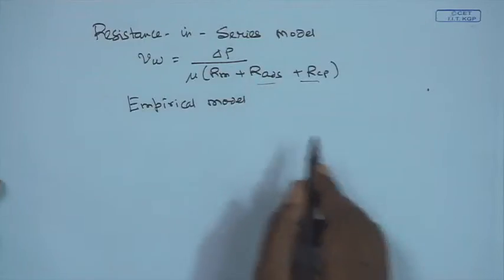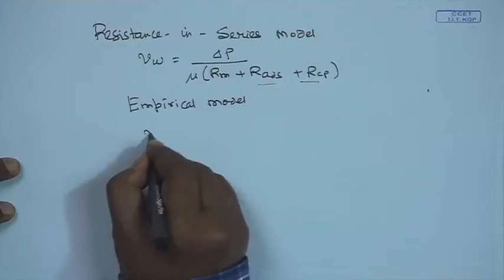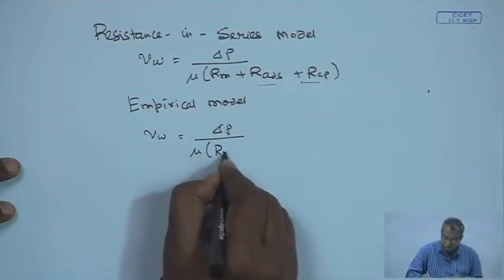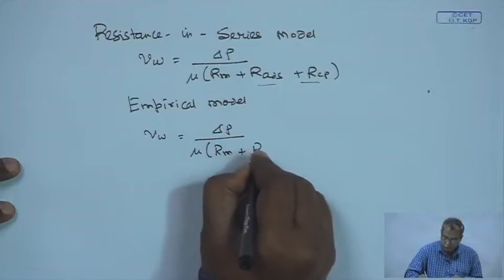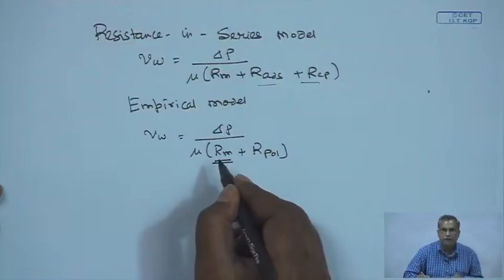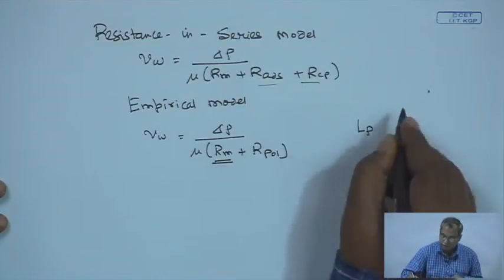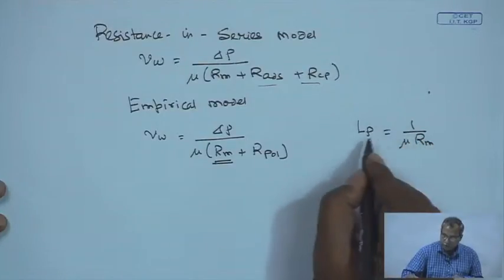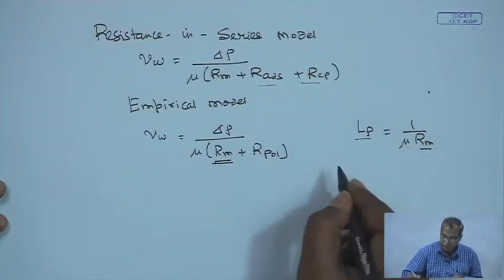So, it is better to measure the permeate flux at every time point and evaluate these resistances. In fact, there are ways to measure these resistances. For example, if you would like a two resistance model, that is membrane resistance and polarization resistance, it is very easy to find the membrane resistance, because we can independently find out the membrane permeability, and from the permeability data we can get the membrane resistance.